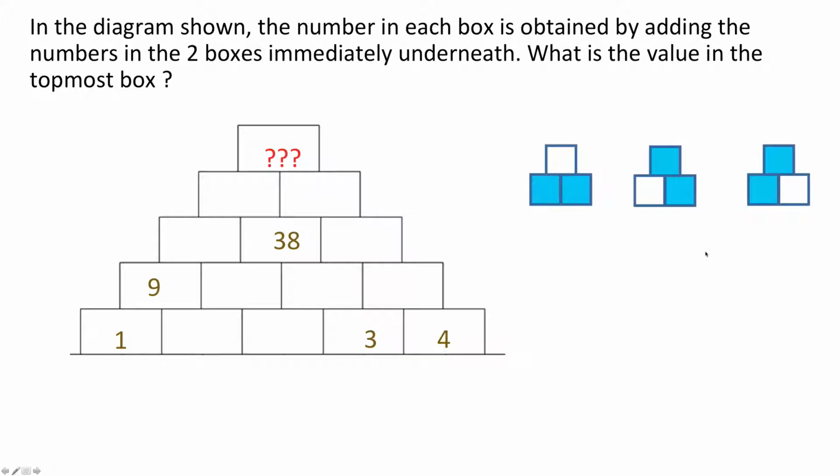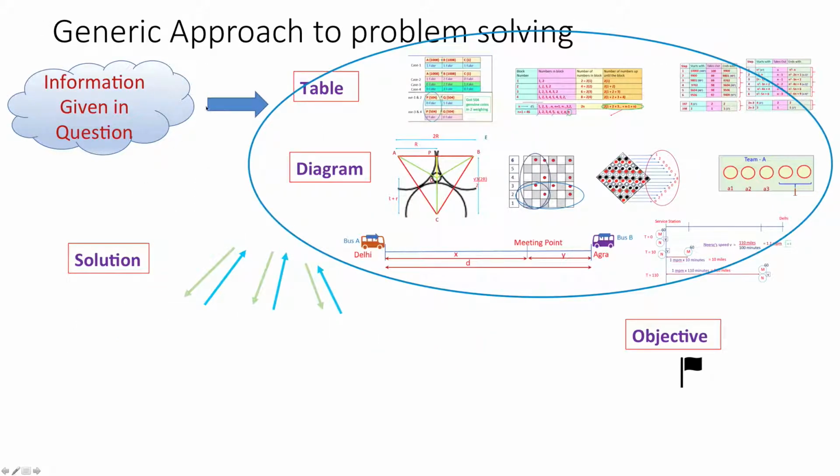The generic approach, the universal approach of problem solving, if you remember, is to extract the information, which is now in the form of a diagram or table, and start identifying a starting point.